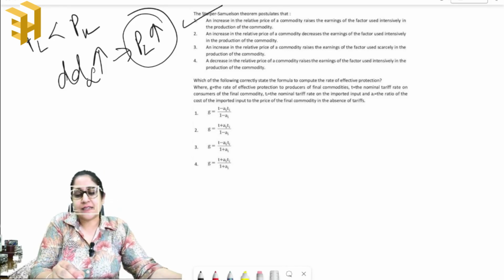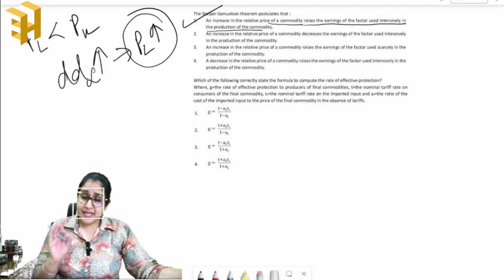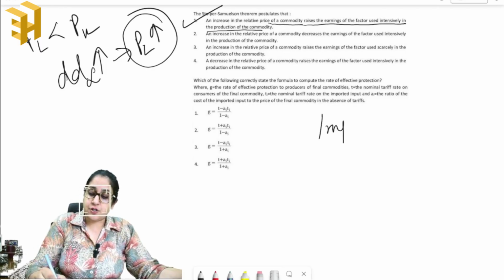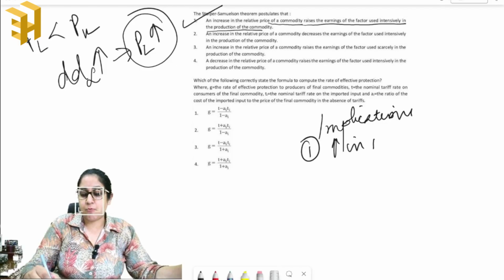That an increase in the relative price of a commodity raises the earnings of the factor used intensively in the production of the commodity. Now, please write down a few things. Implications of your Stolper-Samuelson theory. First implication is that it leads to an increase in welfare, right?